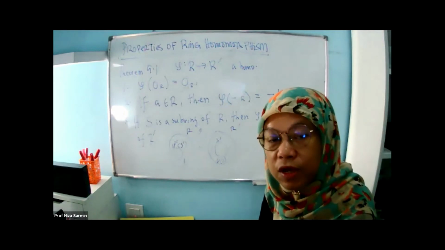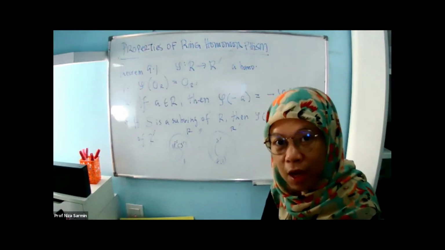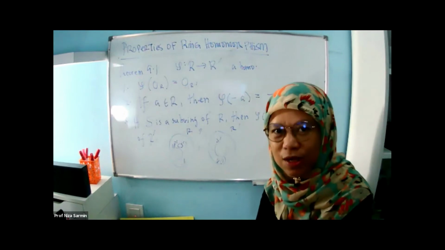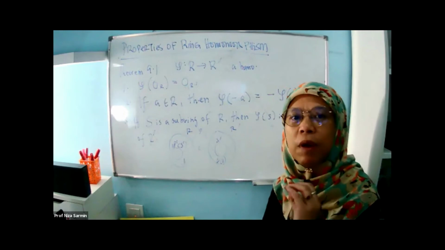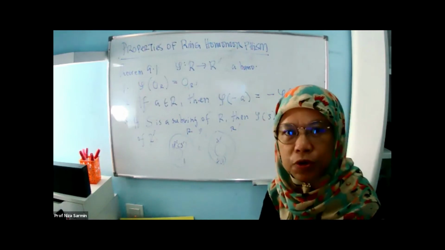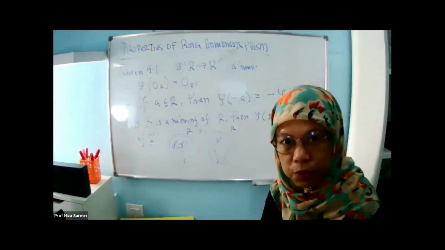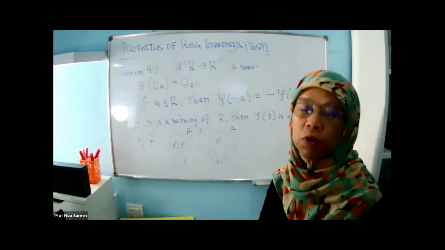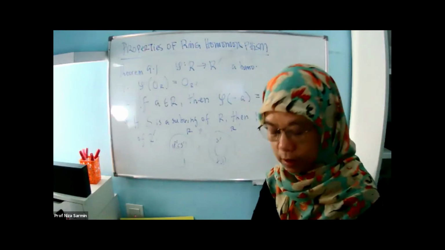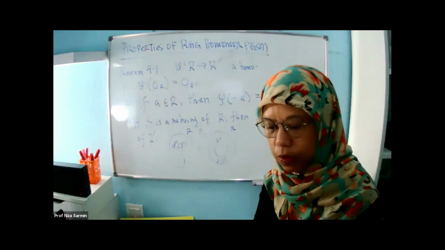Sometimes we are given these properties and we forget that we can use them in a proof later on. So you have to remember the basic properties, not only for rings but also for groups, because you never know when you will use them in your proof, okay?